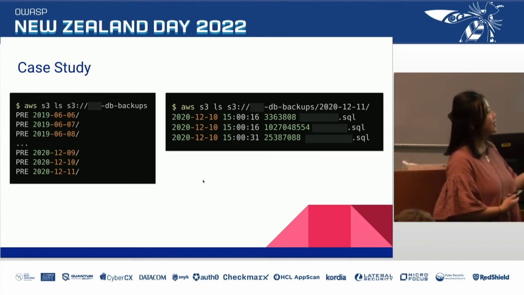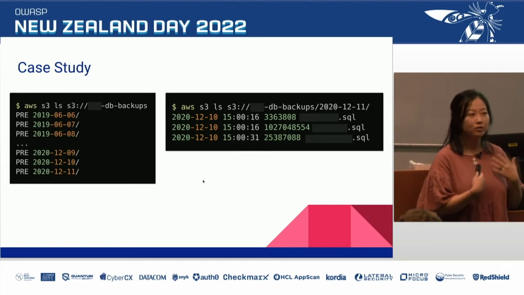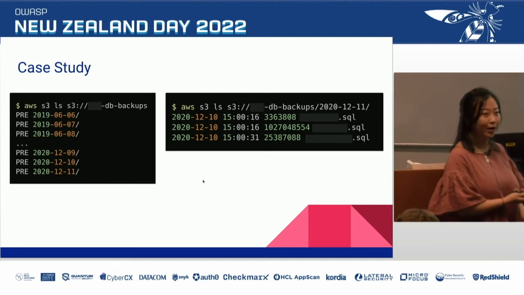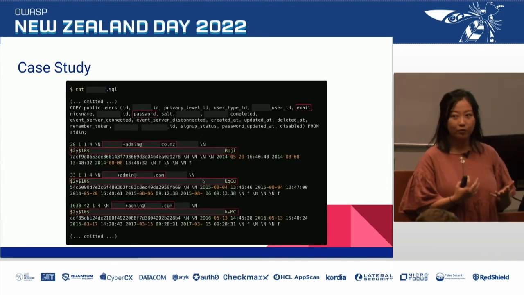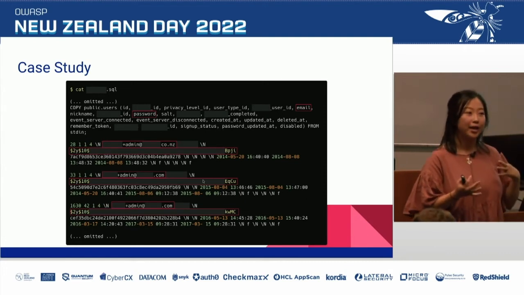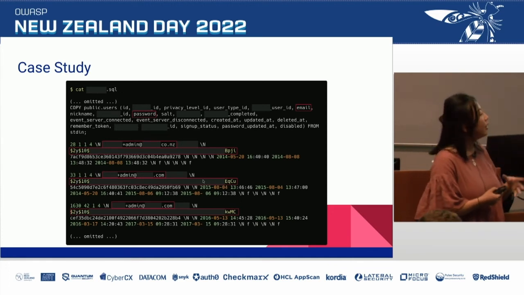But in this case, what wasn't great is that I was able to access it, because I was just a normal user on this web application trying to upload a file. I downloaded the SQL files, and they actually had all the username and password hashes for all of the users from this company.